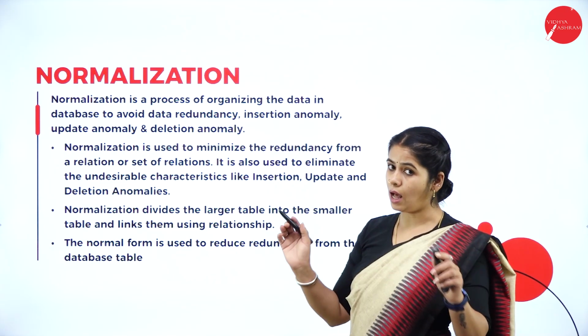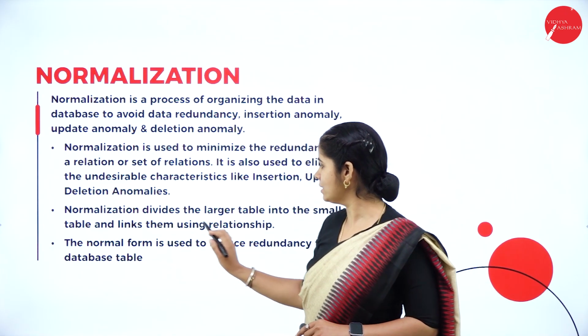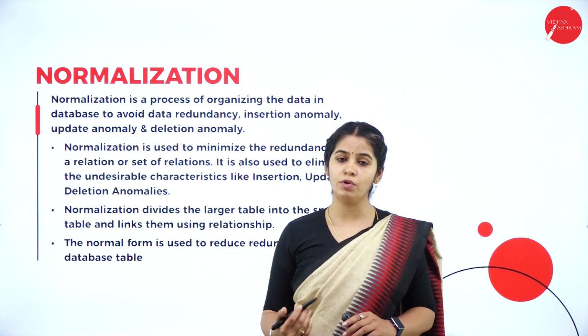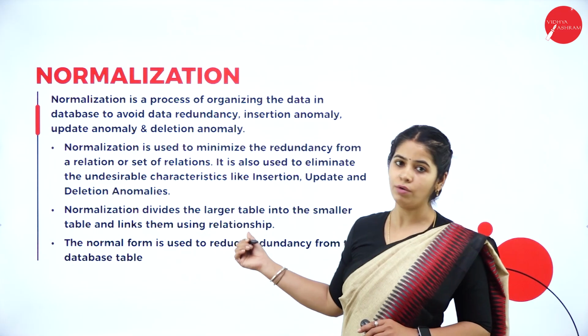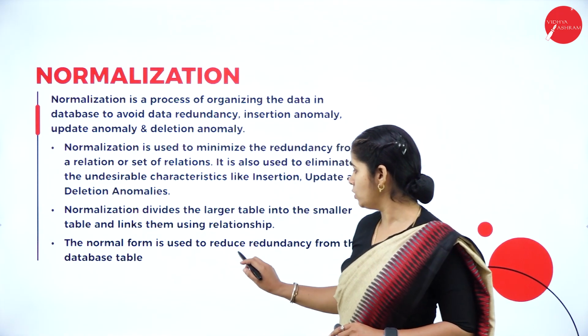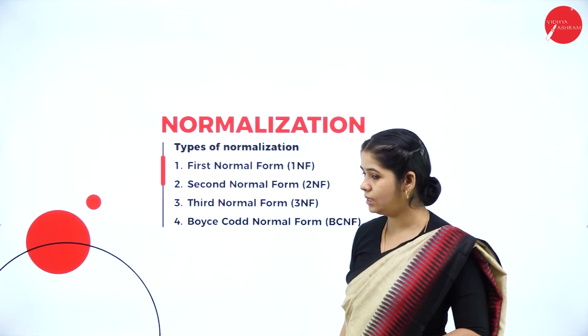Normalization divides a large table into smaller tables and links them using a relation. What we have discussed in the concept of decomposition, that is what we are doing with normalization also. Normal form is used to reduce the redundancy from the database table.